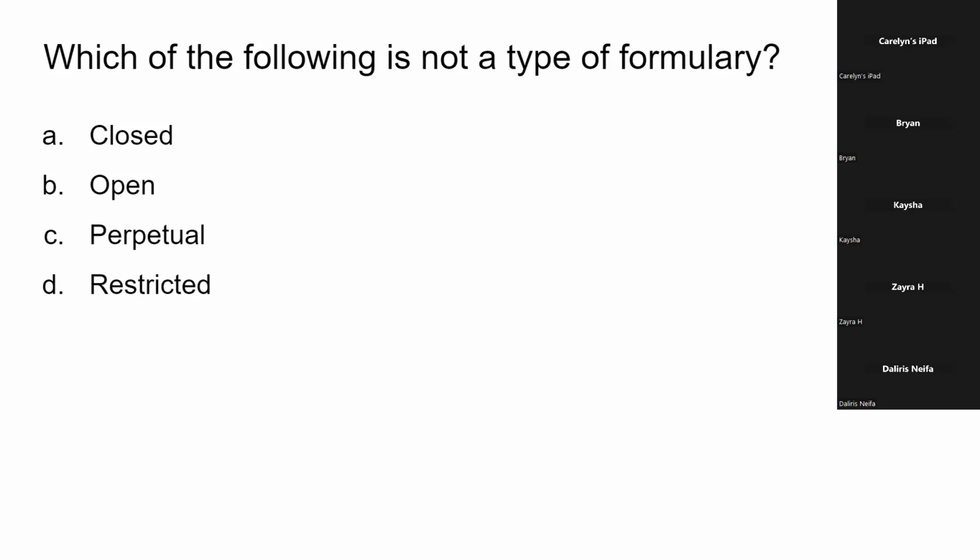The flip side of that, restricted. A restricted formulary is also kept by hospitals. These would be hospitals with closed formularies, so realistically, 95% of all hospitals. A restricted formulary is a list of drugs that are restricted for one reason or another. Maybe they need prior authorizations in order to be used. We've heard of PAs, right?